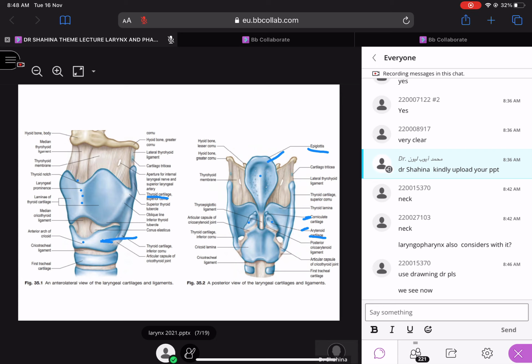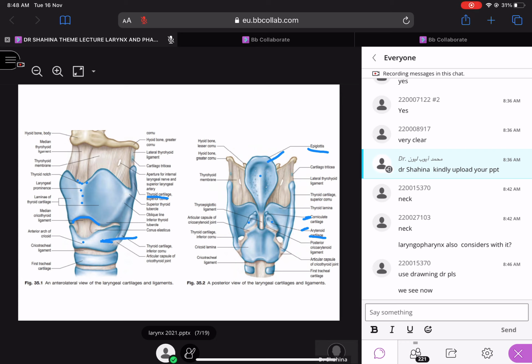So this is not a straight border; it presents a notch in between. This is the inferior border, and it is also not a straight border.